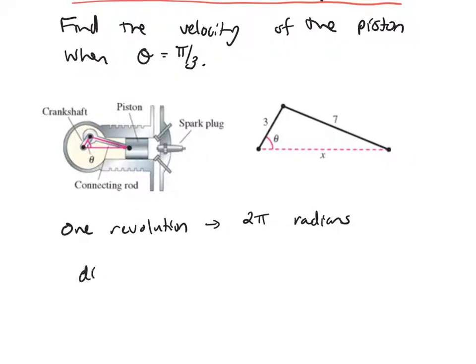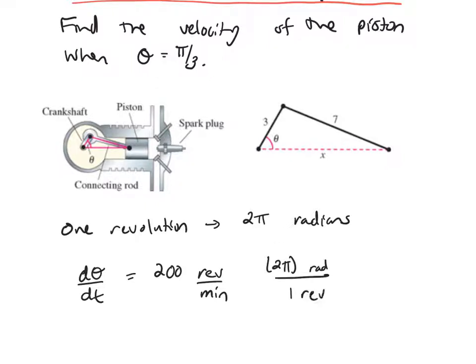So d theta dt, I have 200 revolutions per minute, but I need to convert this into radians, so I'm going to multiply by 2 pi radians, that's the same thing as 1 revolution, so my units cancel, and I'm left with 400 pi radians per minute.